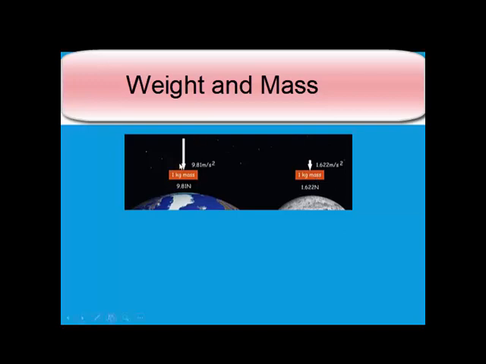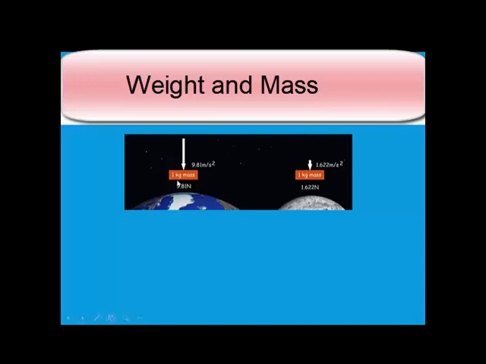Now suppose the mass of the object is 1 kg, what is going to be the weight? 1 multiplied by 9.8. Why 9.8? Because 9.8 is the G value here. So if you multiply, you will get 9.81 newtons. So 1 kg is the mass and 9.81 newtons is the weight.